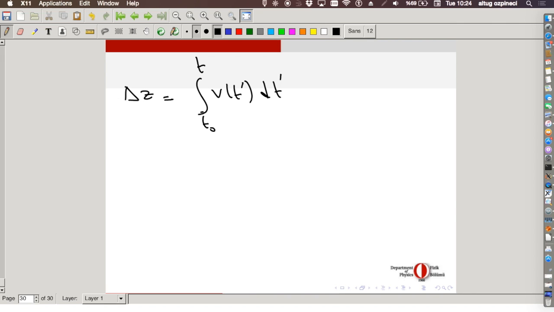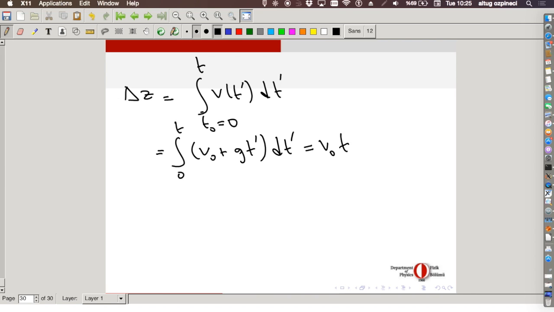Now we know what v of t prime is. t0 is 0. We had already calculated v of t prime: that is v0 plus g t prime, dt prime. Okay, what is the integral of v0? It's just a constant, so v0 times t.